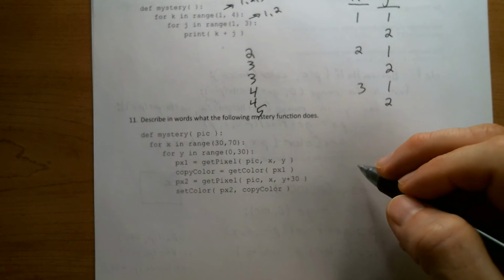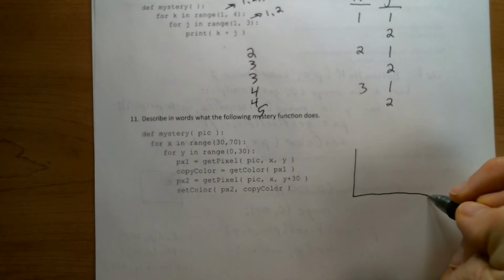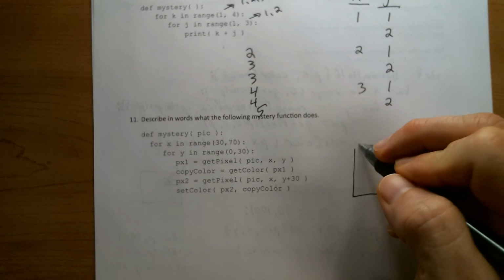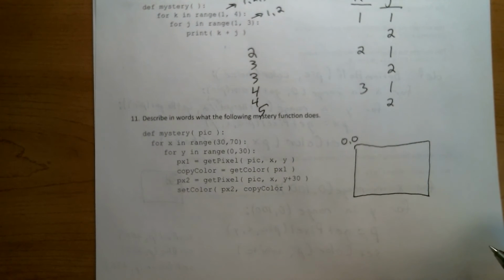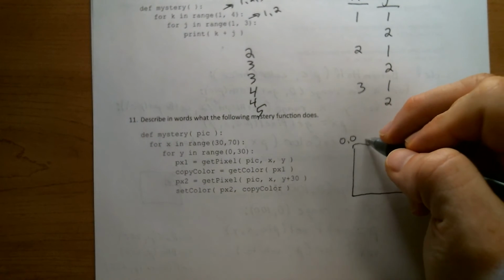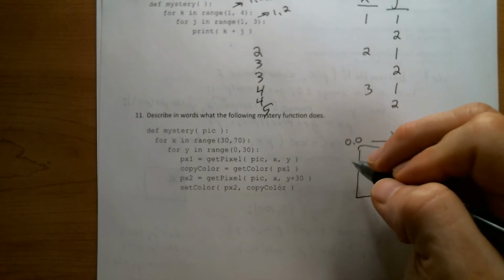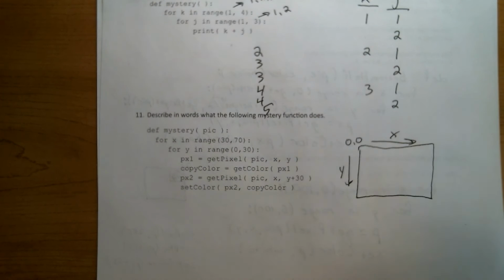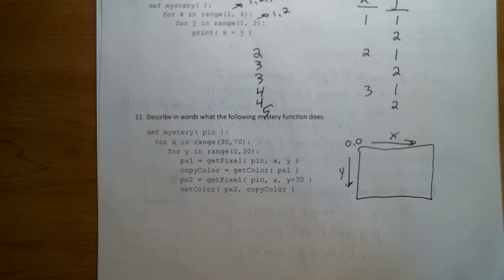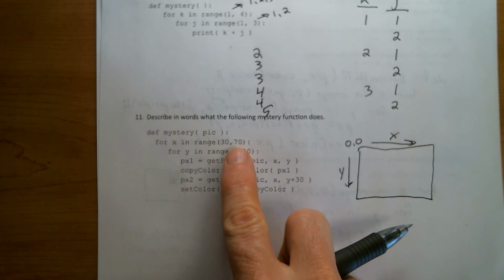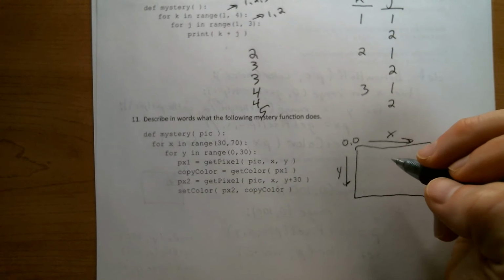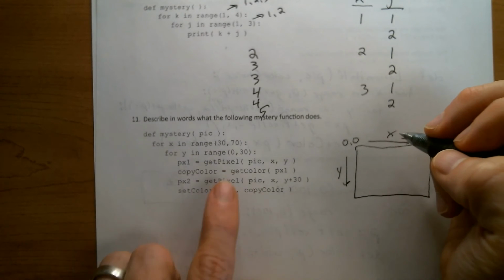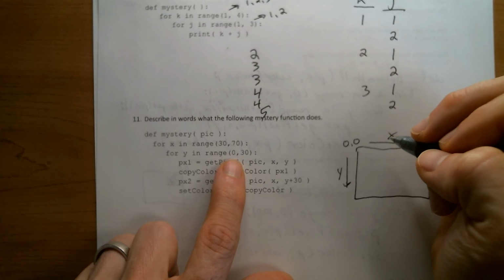All right. So let's pretend we've got a little picture here. We know that this is 0, 0. We know that as we go to the right, x gets bigger. We know as we go down, y gets bigger. So if we look at our original loop, we're saying 30 comma 70, so that means it's going to go from 30 to 69, and 0 to 30.